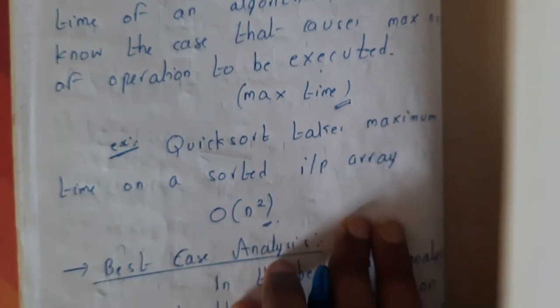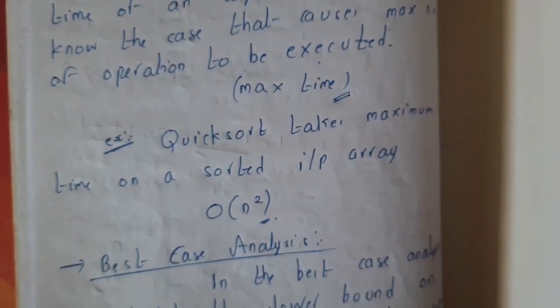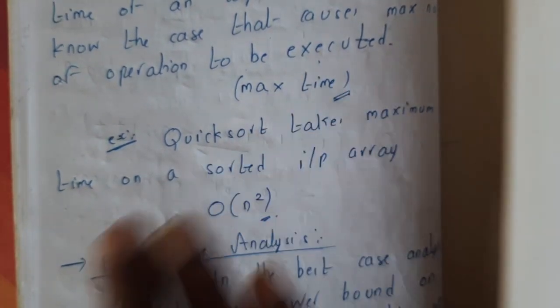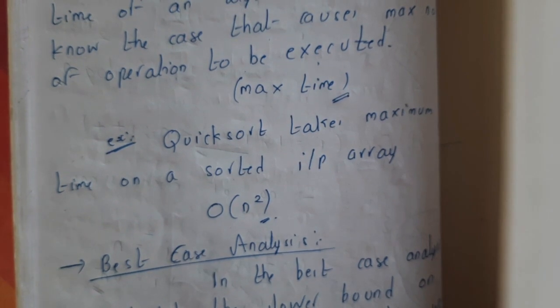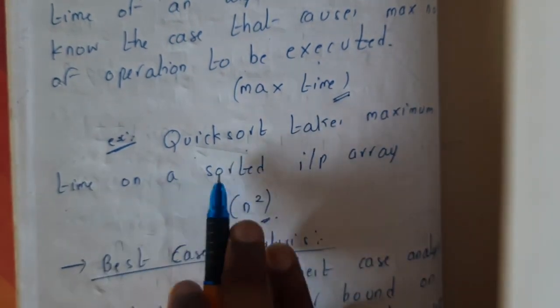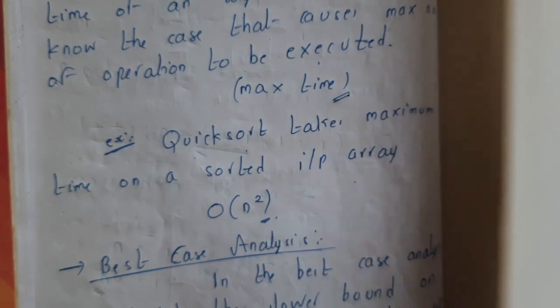If you take a small example, I hope everyone knows quicksort. We'll be discussing quicksort in detail, don't worry. I hope everyone has at least an idea about it: it is a sorting algorithm that sorts elements. Quicksort takes maximum time on a sorted input array.